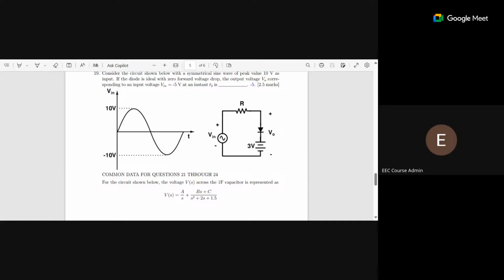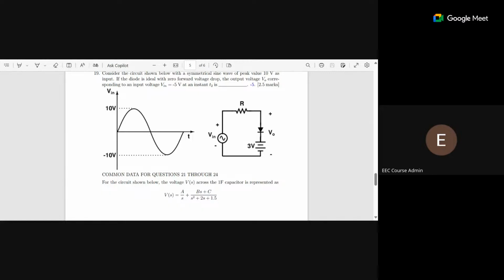Consider the circuit shown, with a symmetrical sine wave of peak 10 volts. If the diode is ideal with zero forward voltage drop, the output voltage V0 across the diode. It is the circuit with this connection of the diode, anode towards the top.